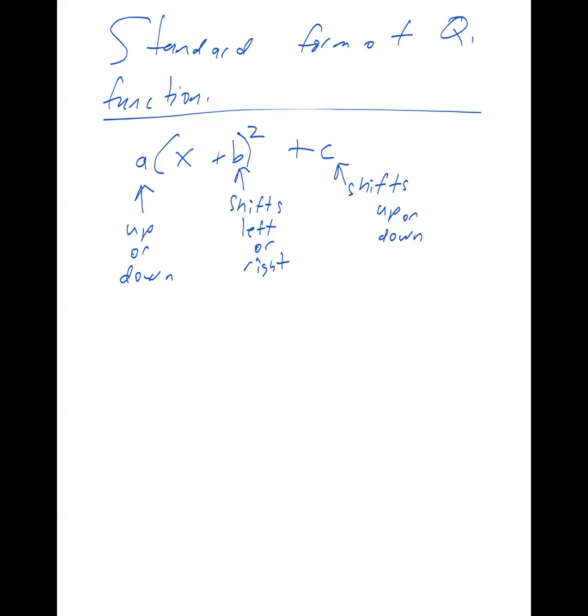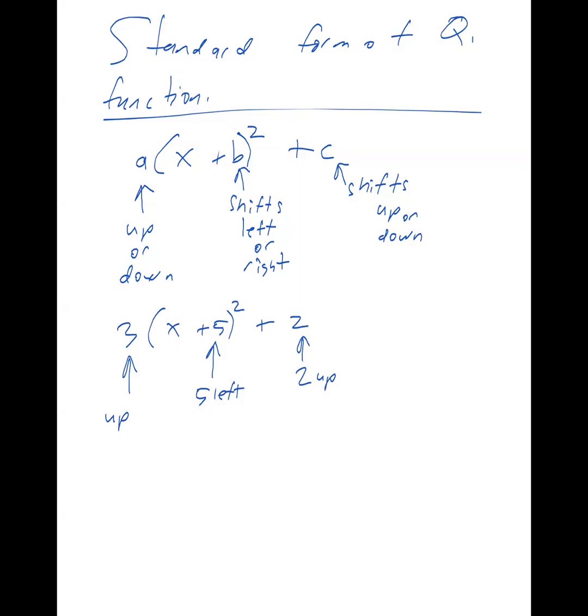So I'm going to give you an example. If I have 3 times (x plus 5) squared plus 2, that one's going to go up because it has a positive in front of it. It's going to shift 5 units to the left because it has a positive 5. And the 2 is going to shift it 2 units up.